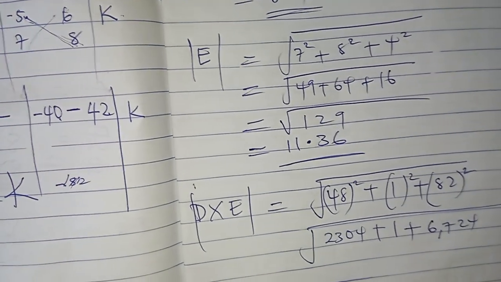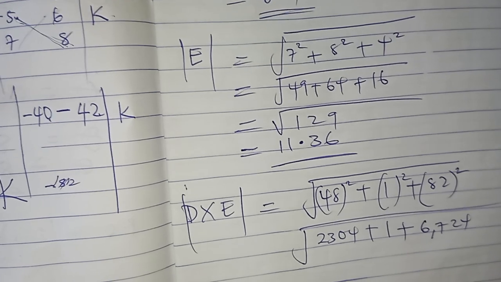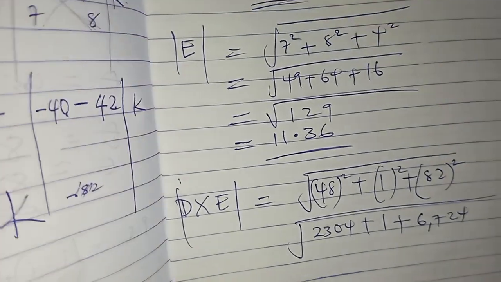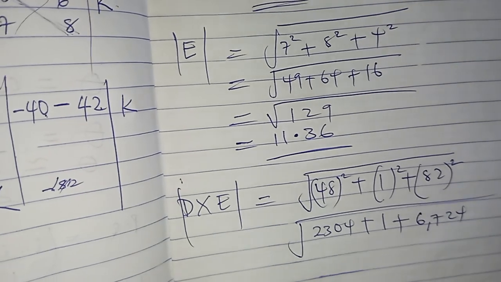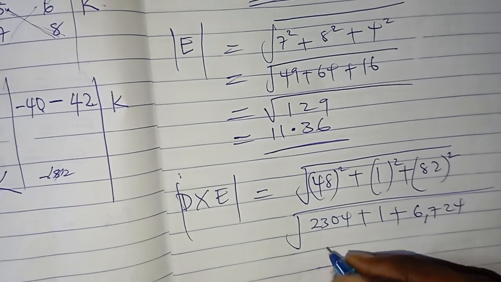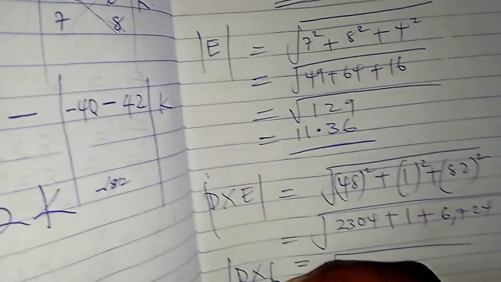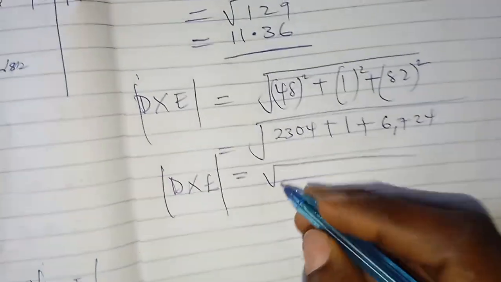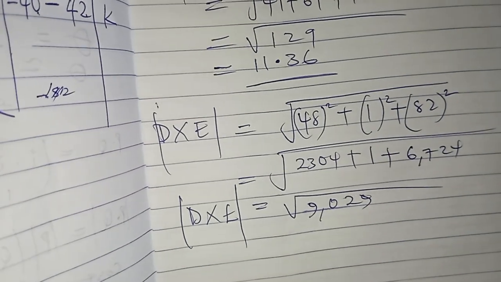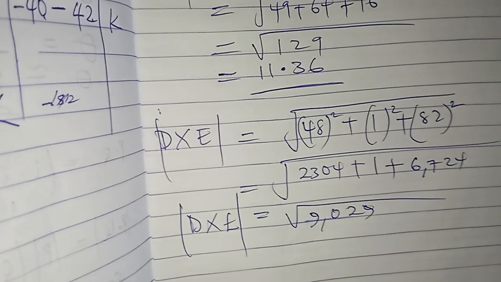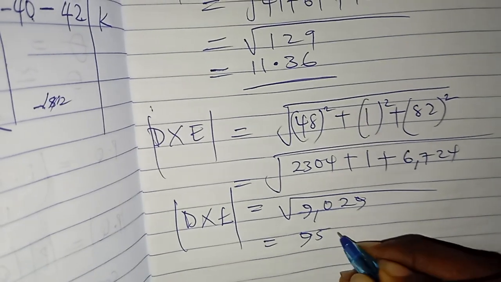So by the time you add it up, 2304 plus 1 plus 6724, this gives you square root of 9,029. Square root of 9,029 is equal to 95.02.